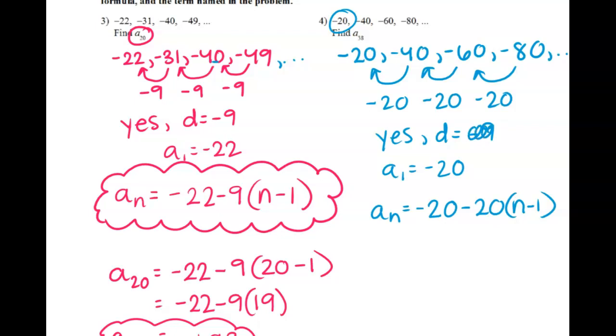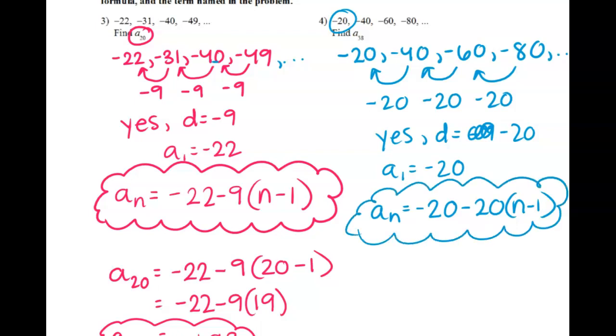Or what I'm doing here, this d is negative 20. Sorry about that, guys. So first term, negative 20, d is negative 20, negative 20 minus 20 times n minus 1. You guys would have caught that if we were in person.